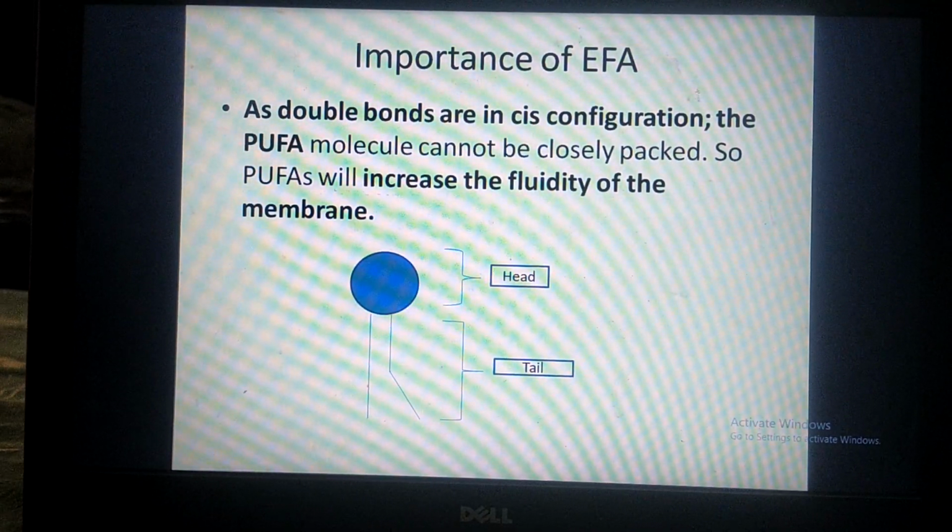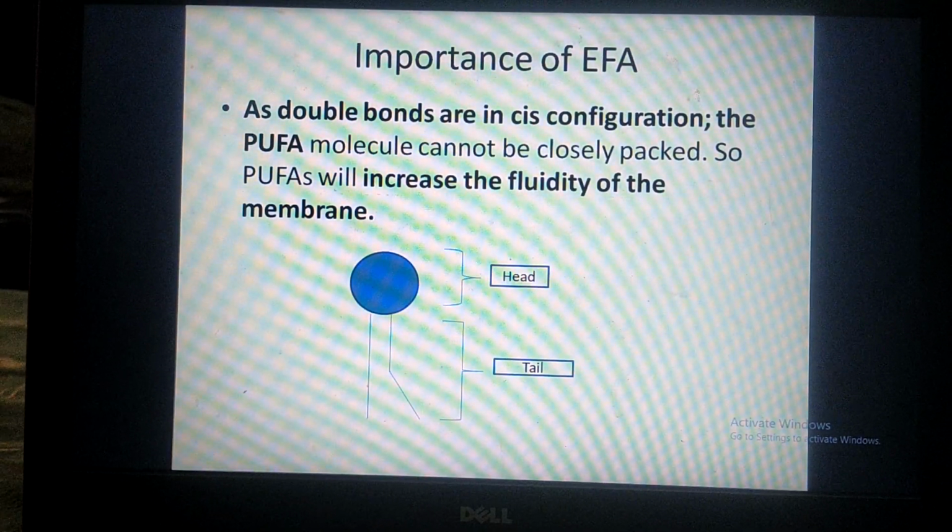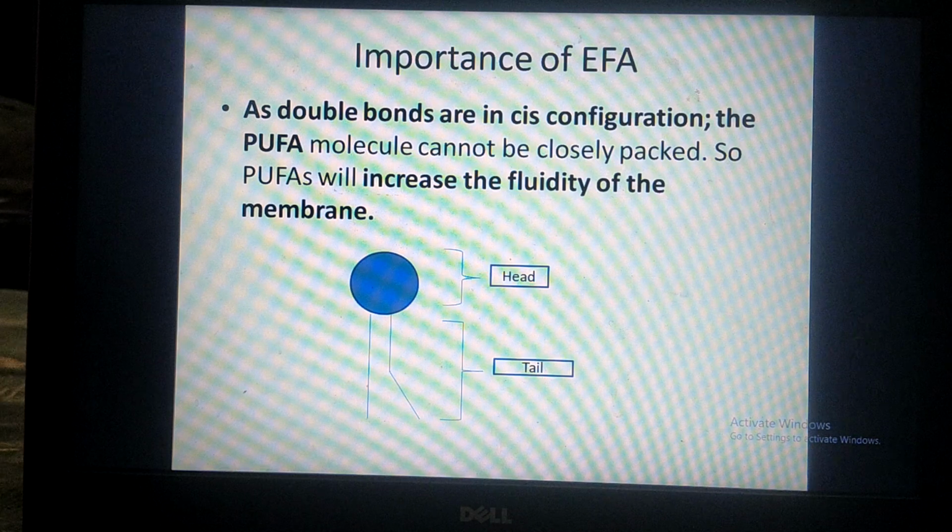of the phospholipids, when these phospholipids form the cell membrane, these phospholipids cannot be tightly packed because of this bending in the chain of fatty acid, and this will increase the fluidity of the cell membrane.